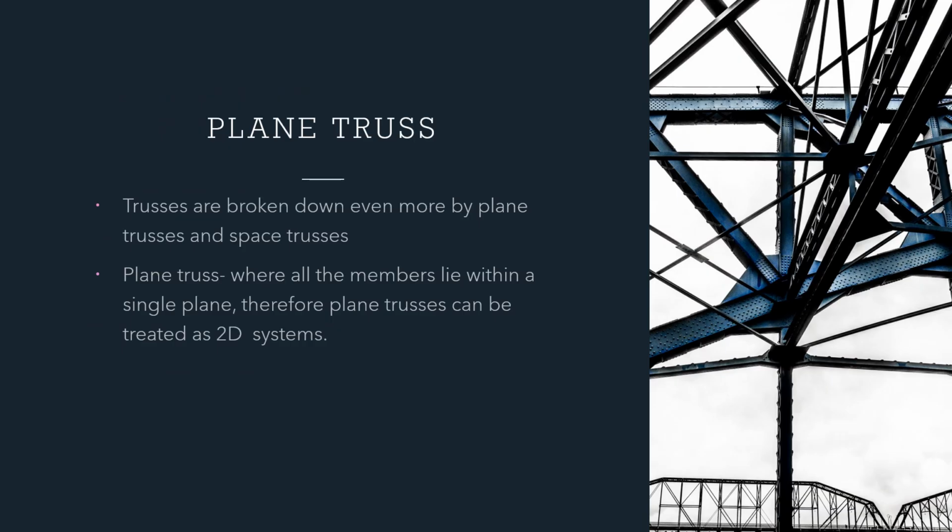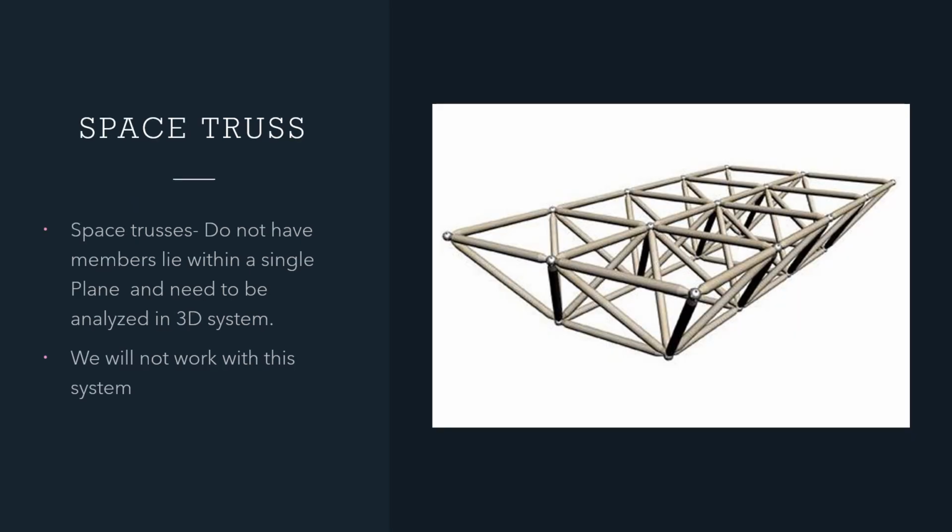Trusses can be broken down into two other categories, which are plane trusses and space trusses. Plane trusses are when the members are on a single plane, and you can treat them as 2D systems. In this example, you can see the triangular structure, and this is what a plane truss would look like.